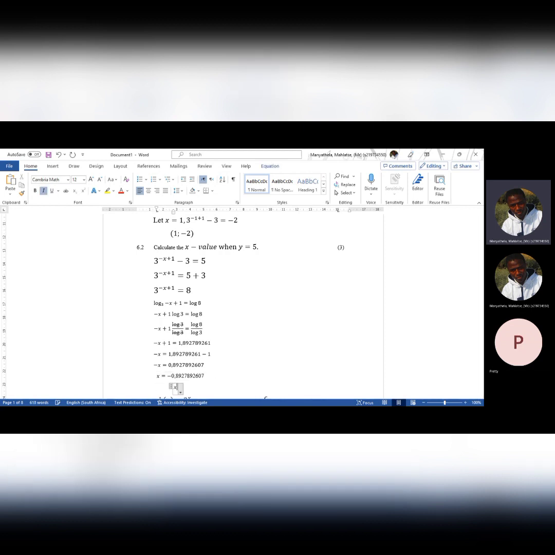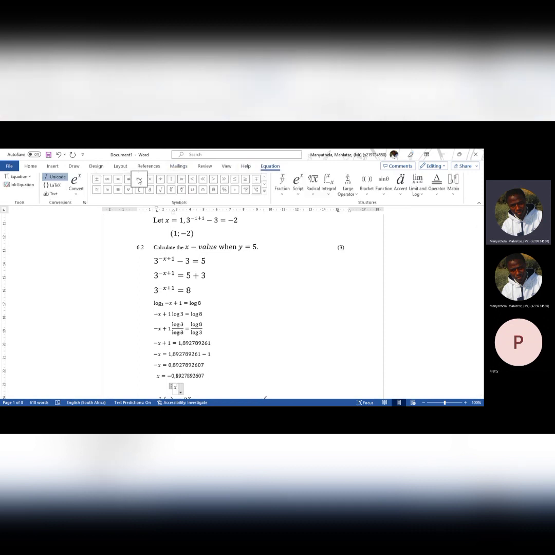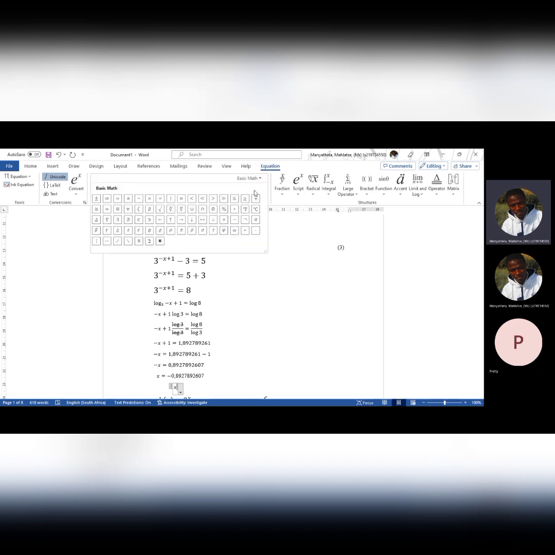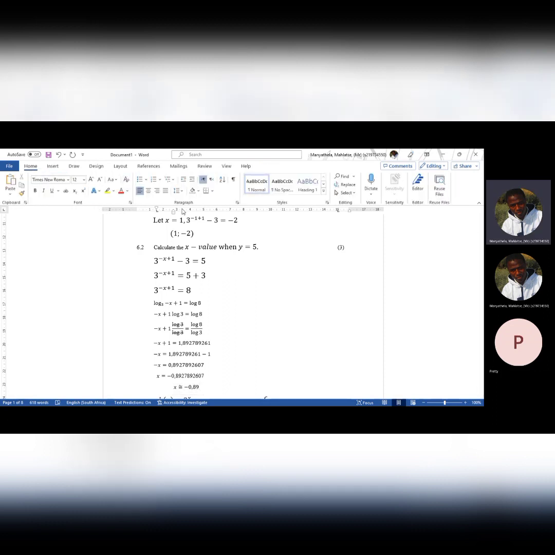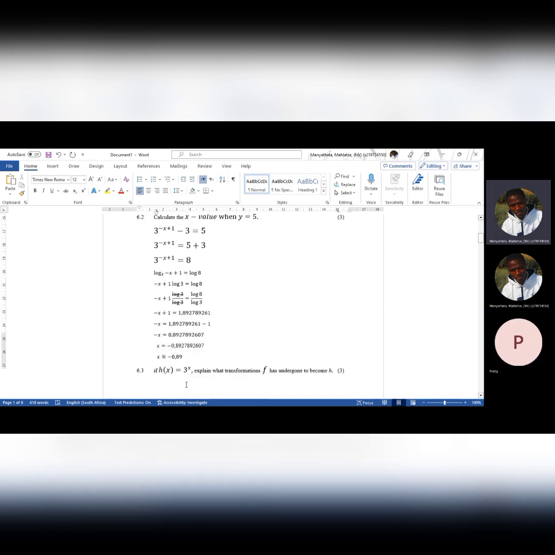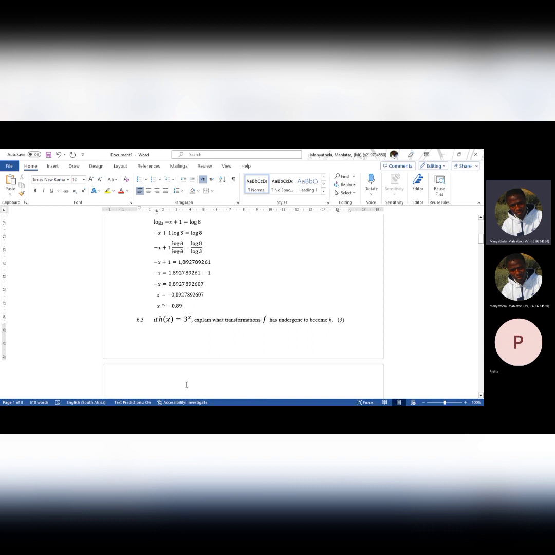When you're rounding off, you must say it's approximately equal to, meaning that it's not exact. So x is approximately equal to negative 0.89, rounded to 2 decimal places. So yeah, there goes your answer. By just doing this, you are done.